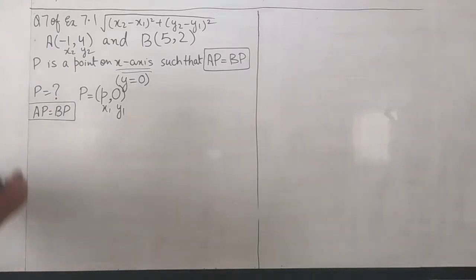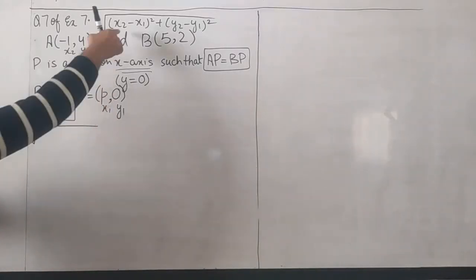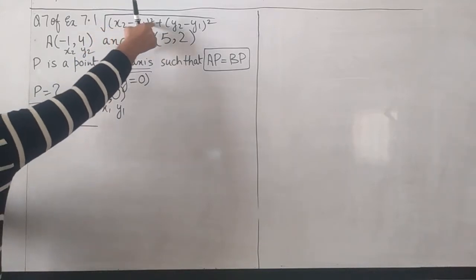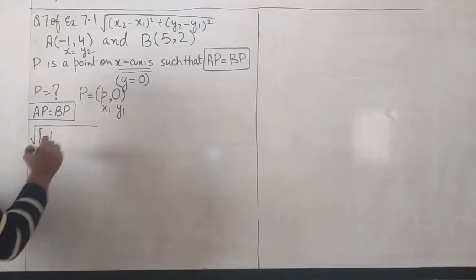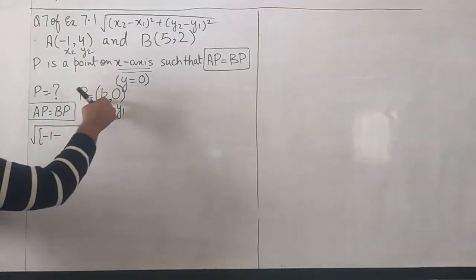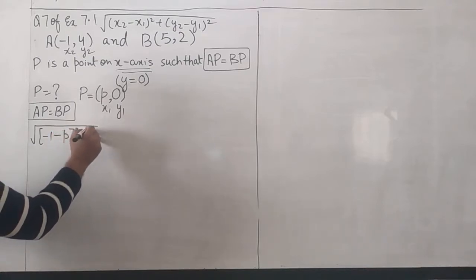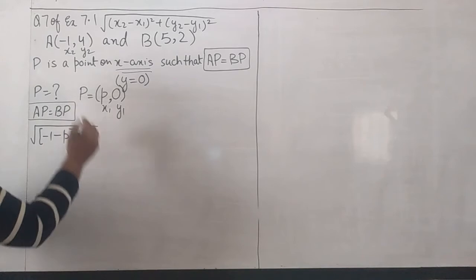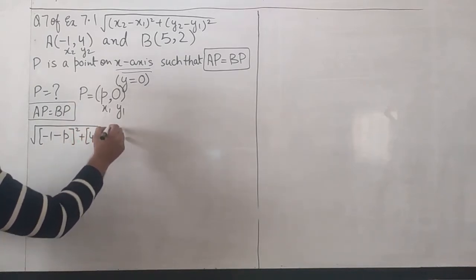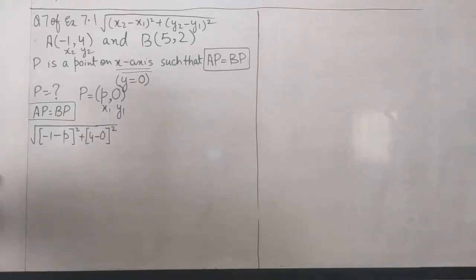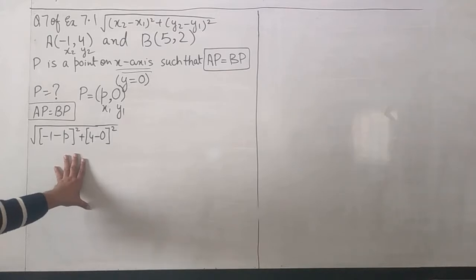Applying my distance formula, x2 minus x1 whole square plus y2, which is 4, minus 0 whole square. That is your AP, right?